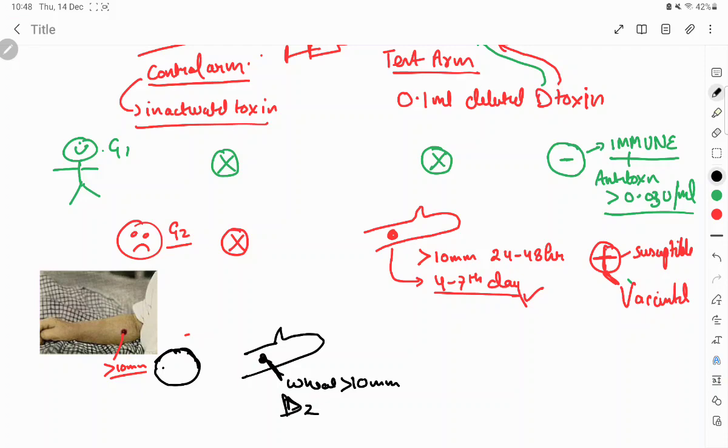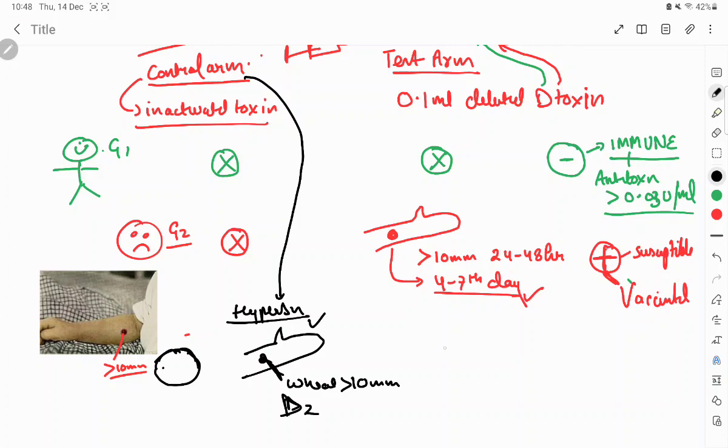Any reaction in the control arm suggests that the patient is hypersensitive to the diphtheria toxin.